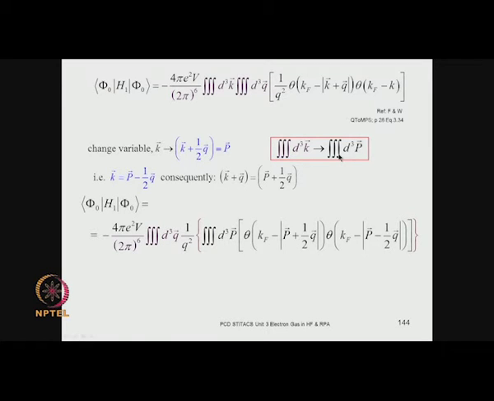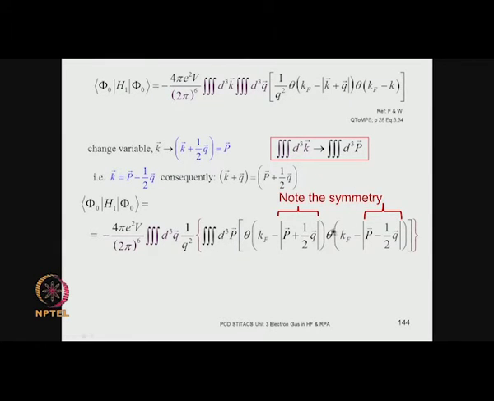The Heaviside step functions will take care of the appropriate part of the momentum space to be dealt with, and the first order perturbation correction is now given by this term, 4 pi e square V over 2 pi to the 6, you have got integration over q, d3q over q square, and instead of the integration over k, you have integration over uppercase P of the product of these two Heaviside step functions.